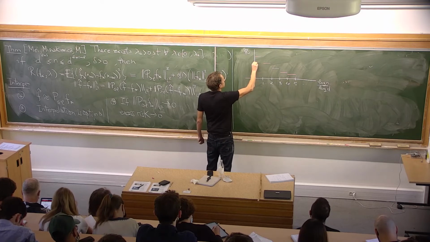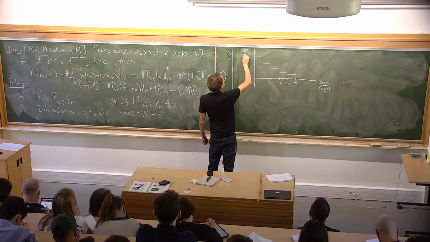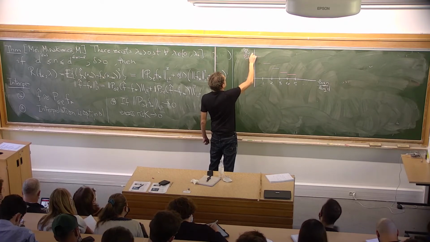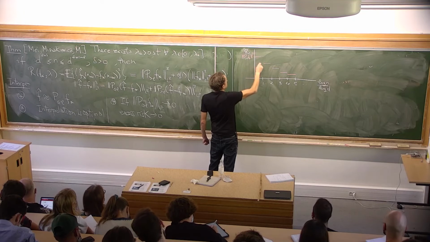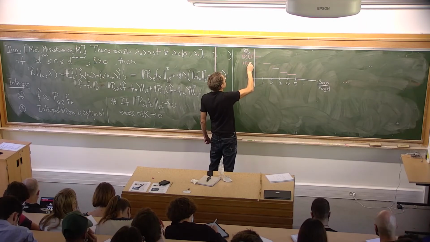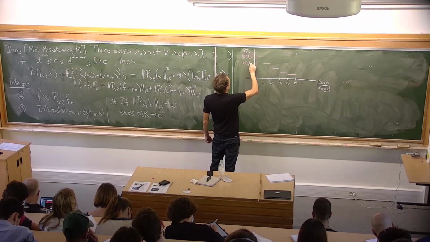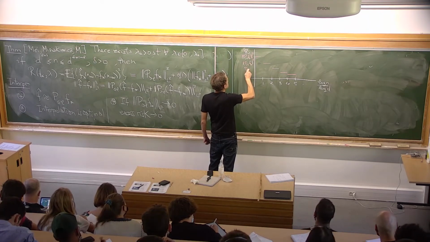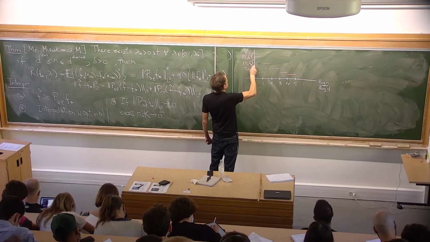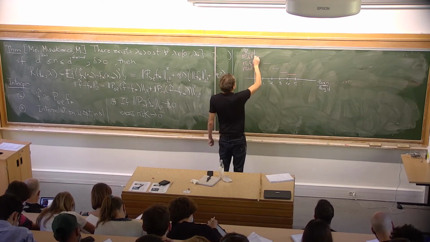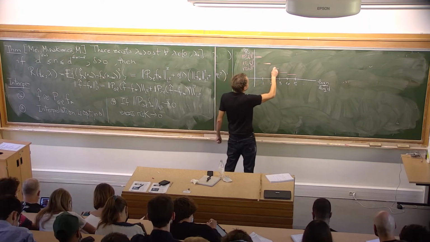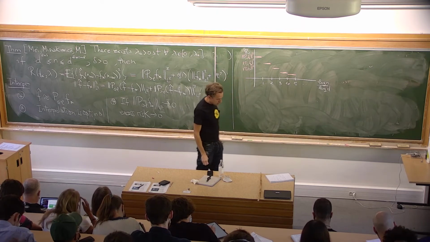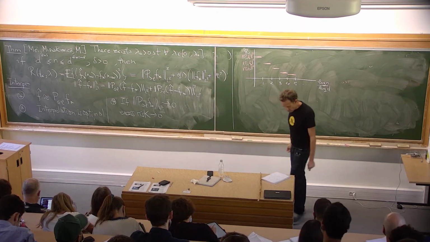This level is the projection onto degree bigger than 1, and this is the projection onto degree bigger than 2 of f star, and so on. And in between it has some plateau. This is the picture that we get from this theorem.